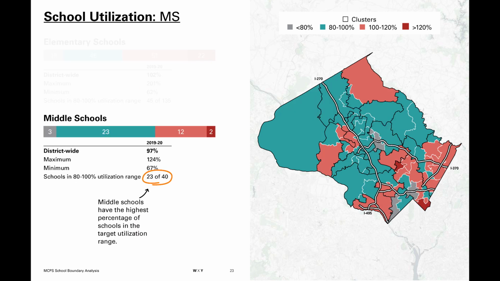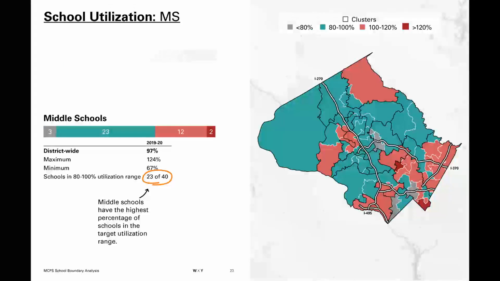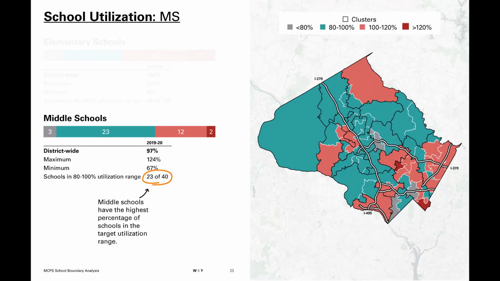At the middle school level, we encounter a similar story, where at the district-wide level, we see a 97% utilization rate, which is right within the county target range. However, there are a few schools that have a utilization rate up to 124%, while other schools have utilizations around 67%.